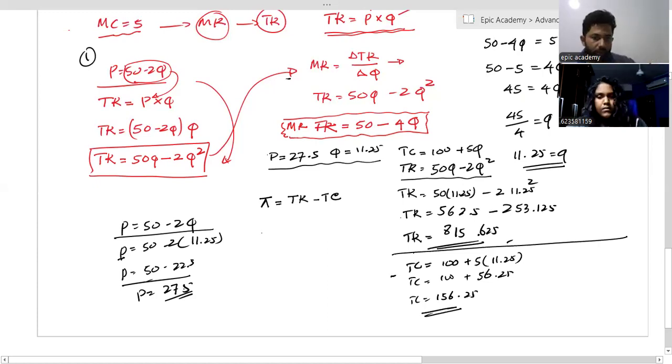Yes. We got the value for the TR, 815.625, minus 156.25. That means the profit is 659.37, isn't it?